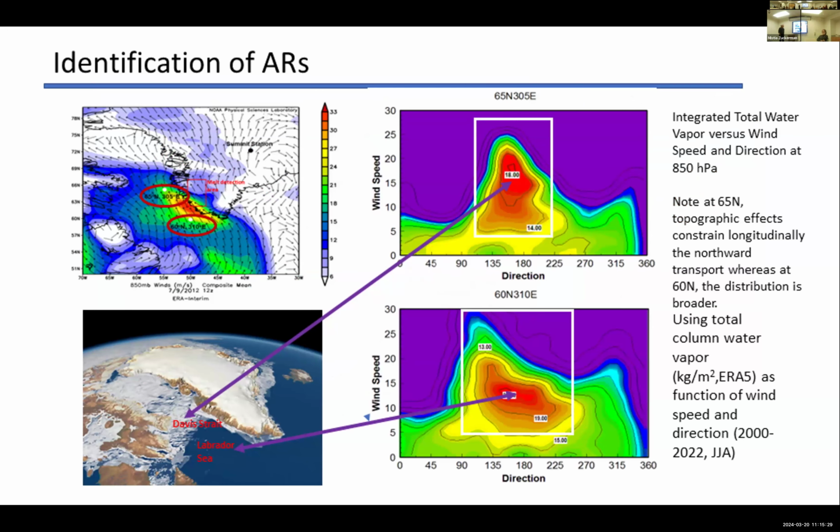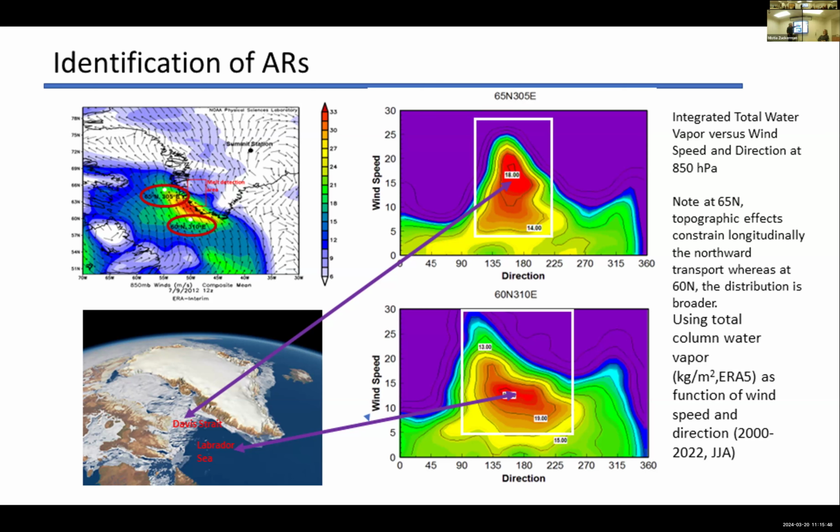So I said, well, I don't want to learn Python to do this river analysis, so I'm going to find something simple to detect atmospheric rivers. So I was looking at reanalysis data and discovering that there's a systematic transport along the coast of Greenland, and I said, okay, time to do a point analysis. So I did.